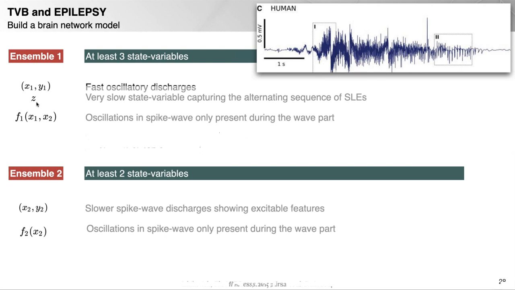Also, based on the observation of the data, the fast discharges are either not present during the spike wave events, or only present during the wave but not the spikes.